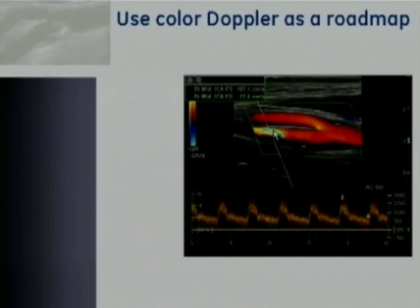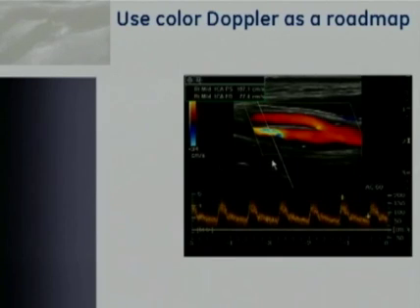But not until we get just a little bit beyond the bifurcation do we actually see a change in the color Doppler from a dark red into some focal aliasing. And this focal aliasing is telling me that there's a higher frequency shift at this point. Now, a higher frequency shift could be due to higher velocities, or it could be that we have a smaller angle of incidence.